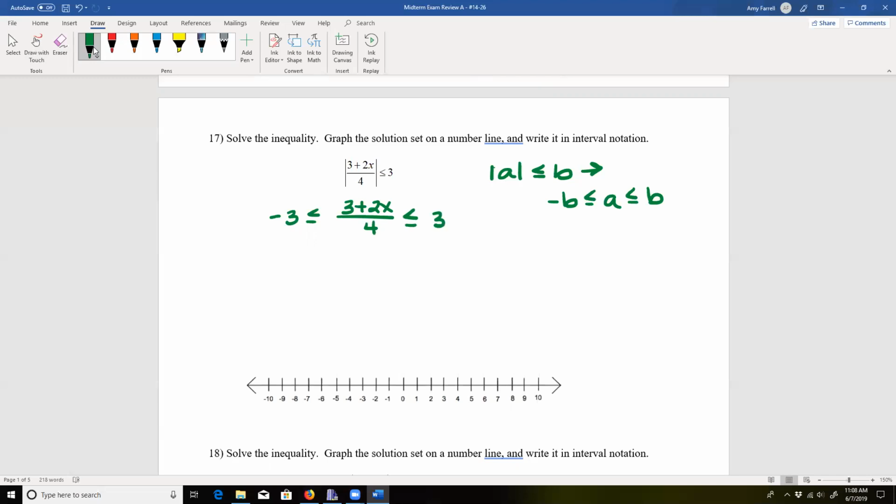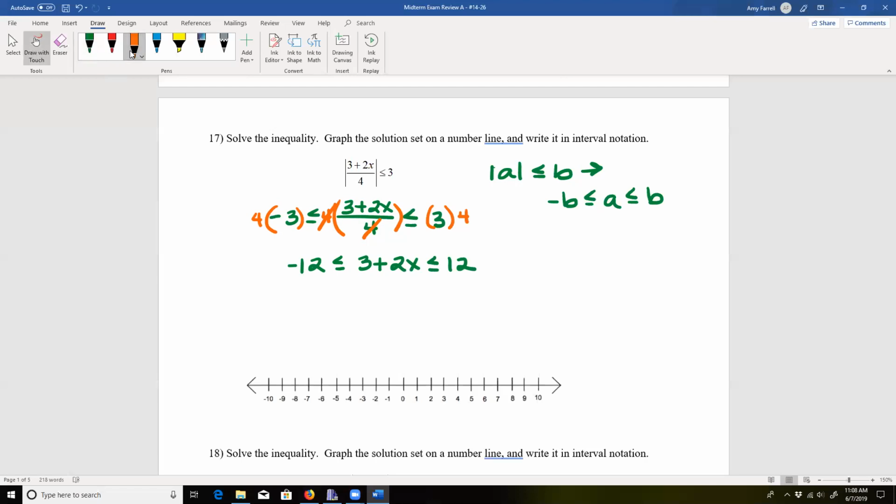And then just as I did with the last problem, I am going to work to isolate x in the middle. Whatever you do to the middle, you have to do to the outsides as well. I'm going to start with multiplying by 4 so that I can clear my fraction. So I'm going to multiply every part by 4. In the middle, the 4s are going to cancel. So I've got negative 12 is less than or equal to 3 plus 2x, which is less than or equal to 12.